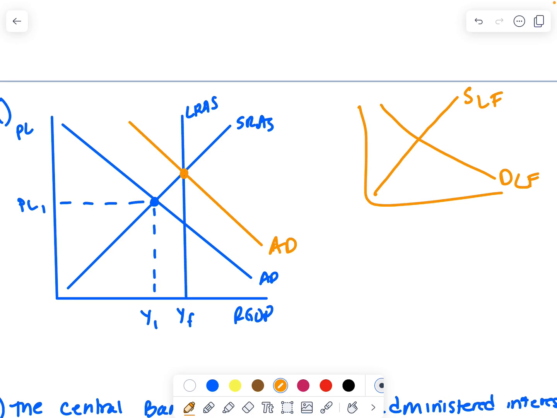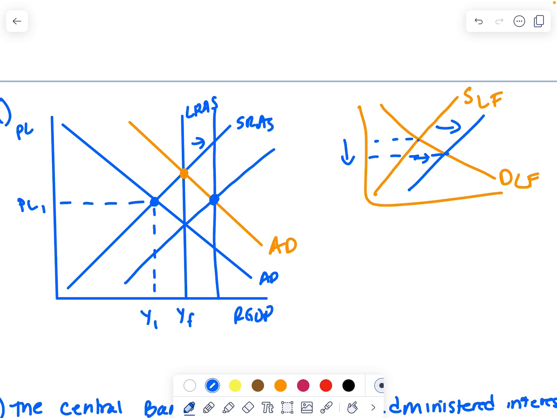So if they lower taxes on income, then this is sort of an incentive to put money away in a bank and save it and earn some of that interest. So that would lower real interest rates. And if that happened, then you might see that short run aggregate supply shifting to the right, and then that long run would come with it and shift to the right as well.